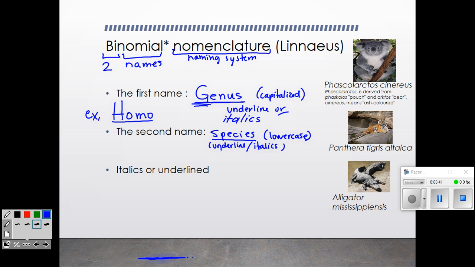So the second name for a human would be sapiens. We would underline it. And if we wanted to put it all together and give the scientific name of our species, we would say Homo sapiens.